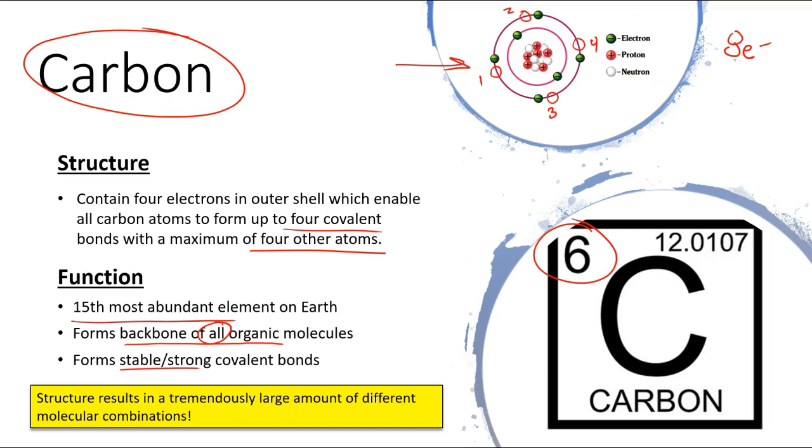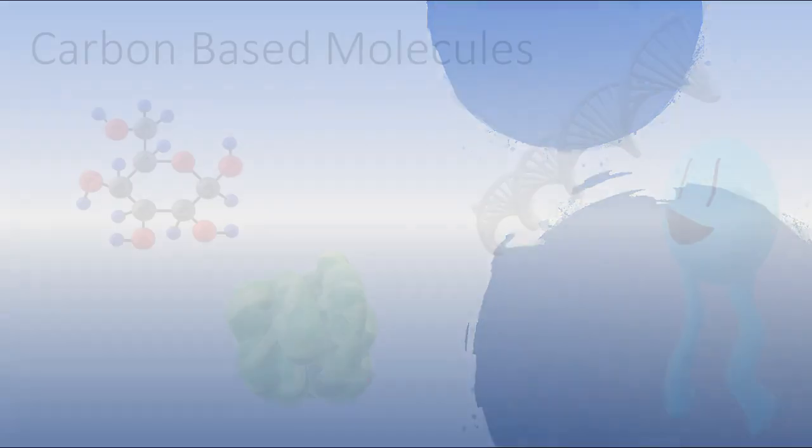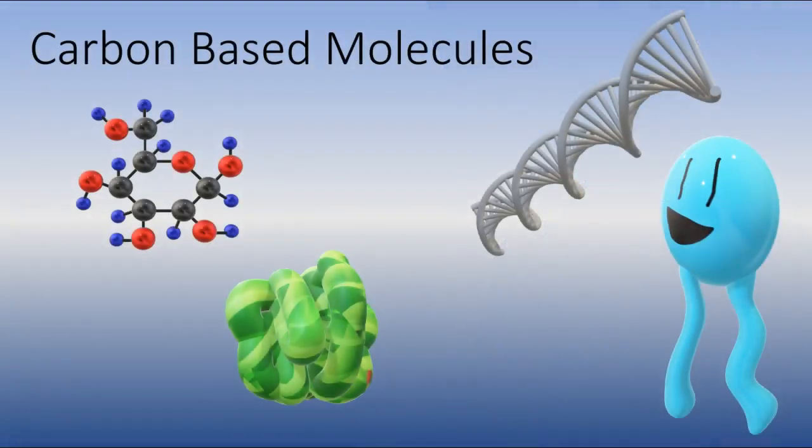This structure results in a tremendously large number of different molecular combinations, and that's going to be key in the sheer number of molecules required to support all the variety of life we experience on Earth.